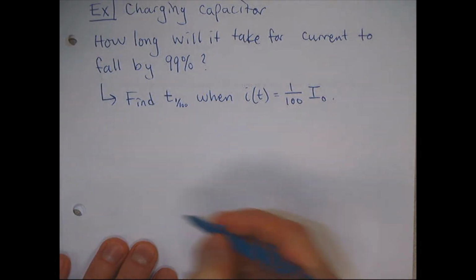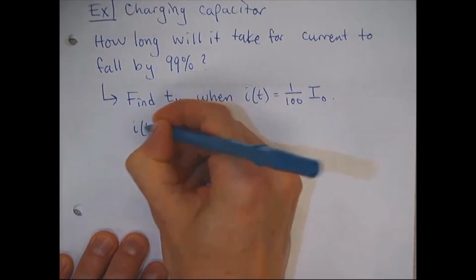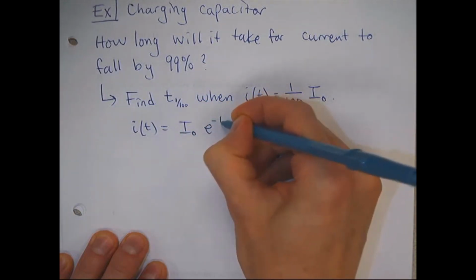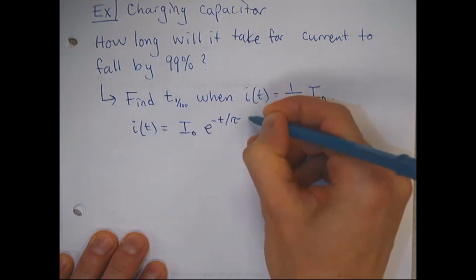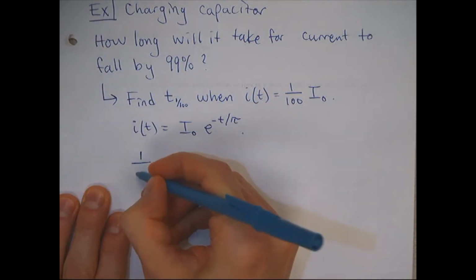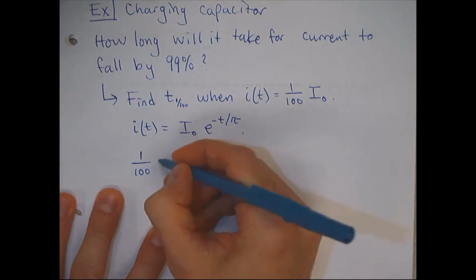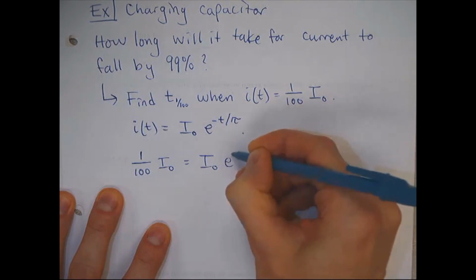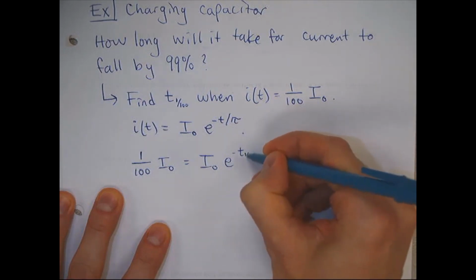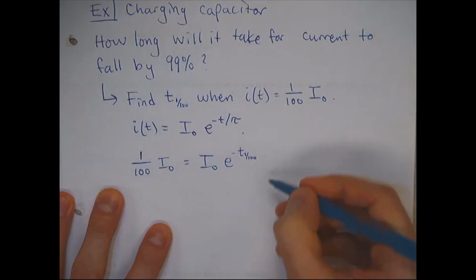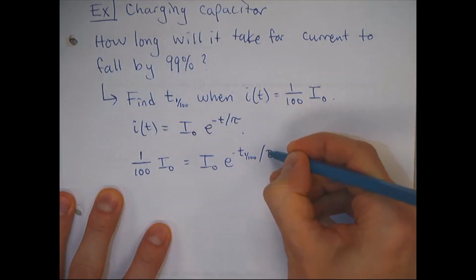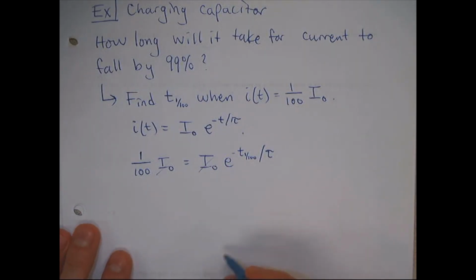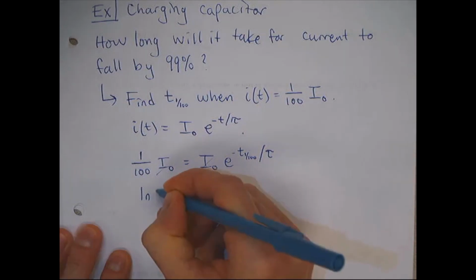Start with your expression for current. I as a function of t is I0 e to minus t on tau. In this example, we want the current to be 1/100th of its initial value at the time, which I called t 1 over 100. The starting currents cancel out, and we need to undo that exponential with a natural log.